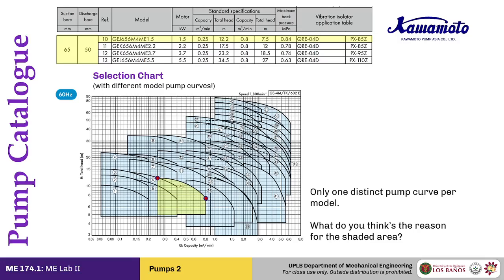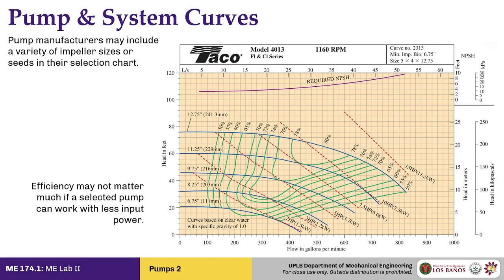What you'd also notice here is that the curves available to us only relate discharge to flow rate. If the supplier is meticulous, they could also supply the curves for constant efficiency and the power curves, the expected power consumption depending on the discharge of your pump.